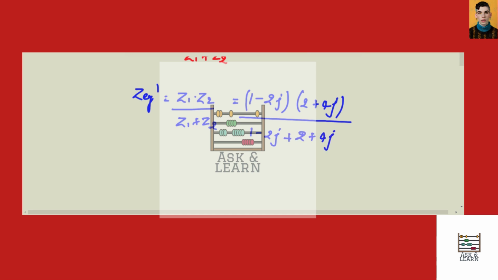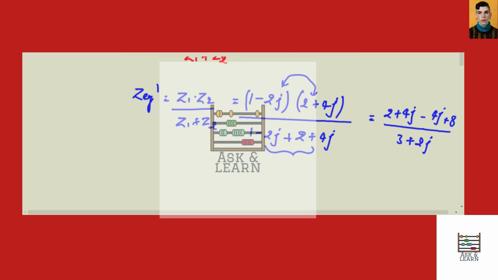If we simplify it, just multiply both of them and add these two. If I multiply, I will get 2 plus 4J minus 4J plus 8, so this will be plus 8, and the denominator will be 3 plus 2J.